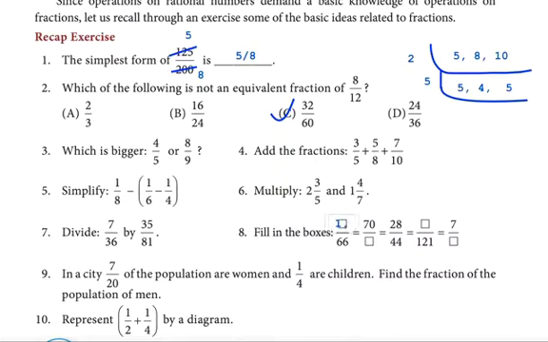Right. 4 will not go. So 5 ones are 5, right? So now multiply all these things, 40. Okay, so the common denominator becomes 40.